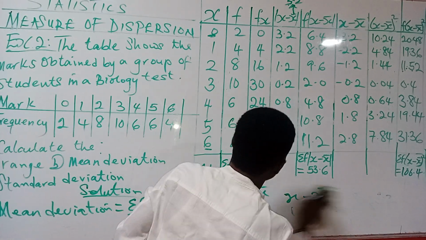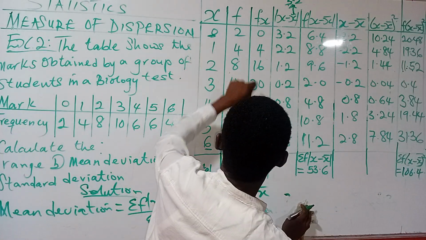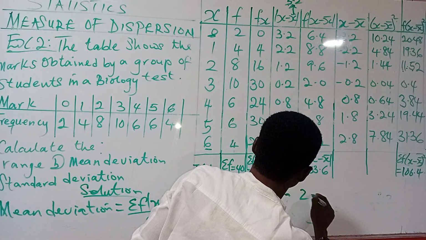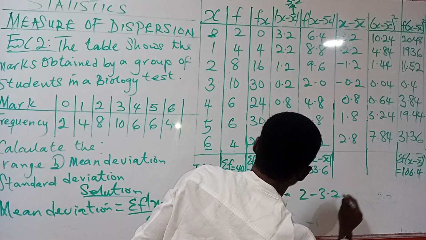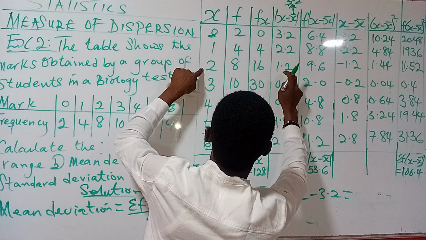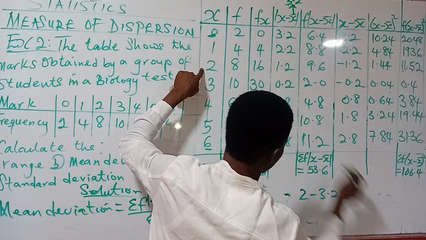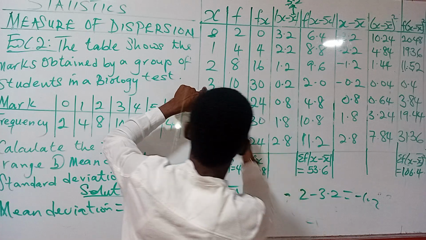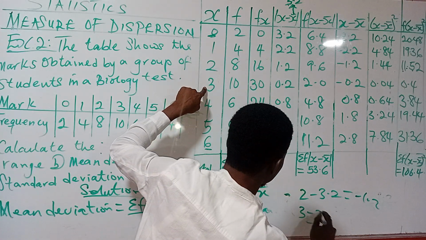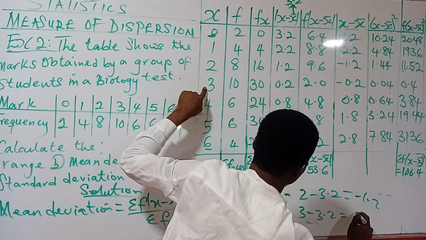Then 2 minus 3.2 gives minus 1.2. Then 3 minus 3.2 gives minus 0.2.